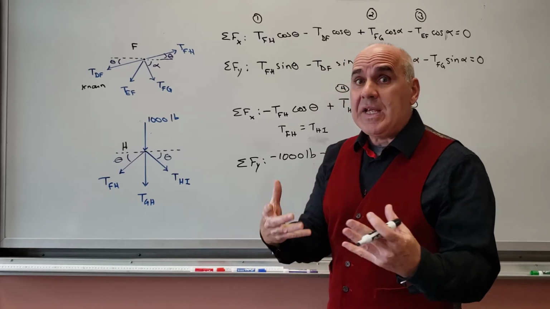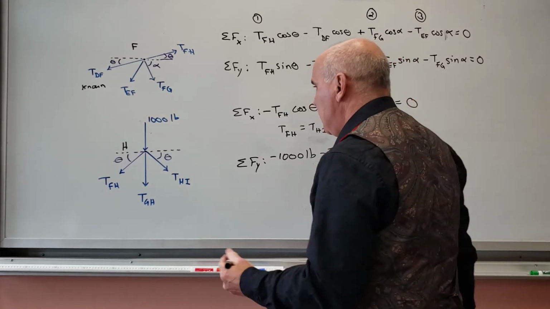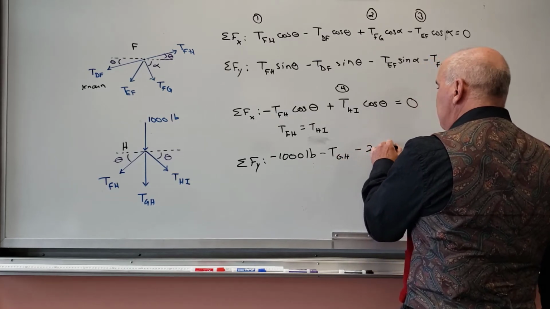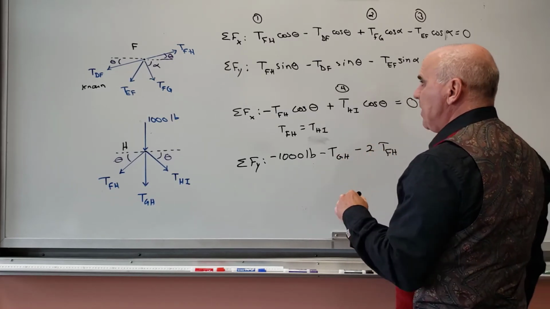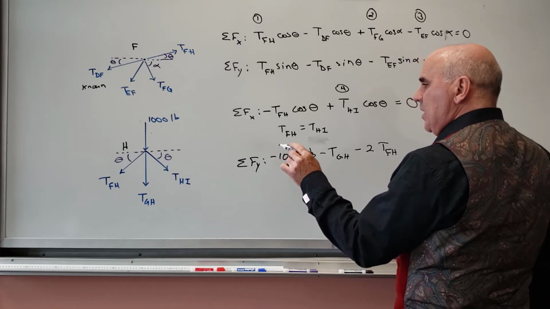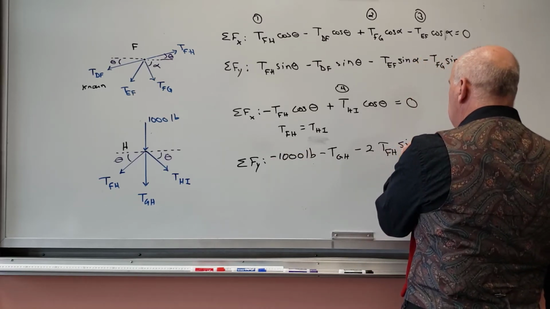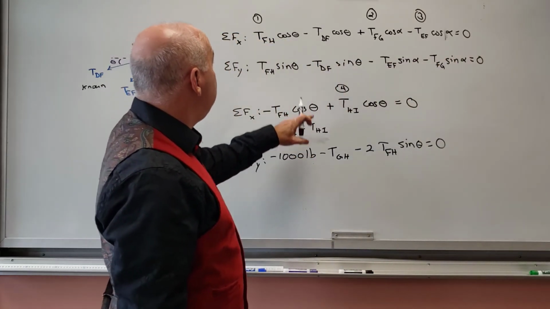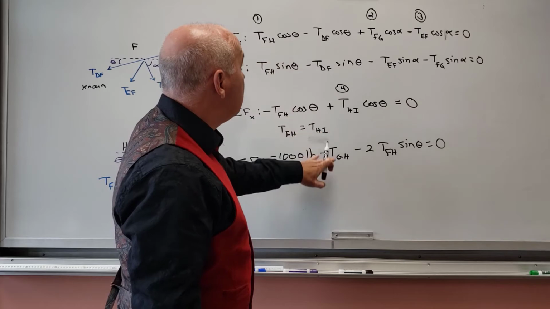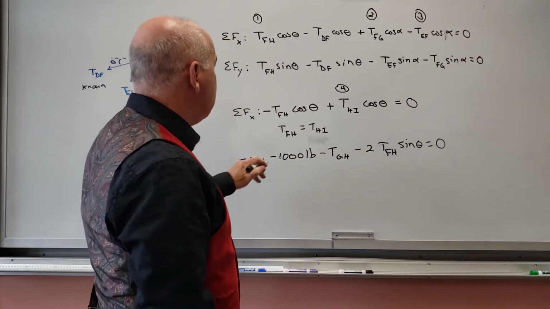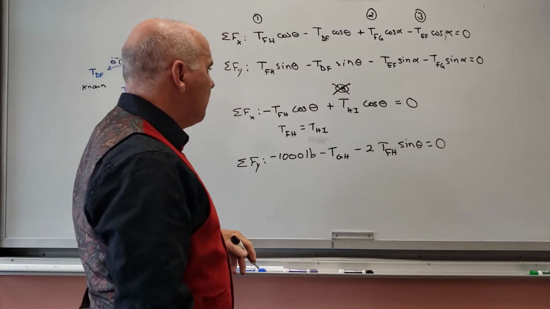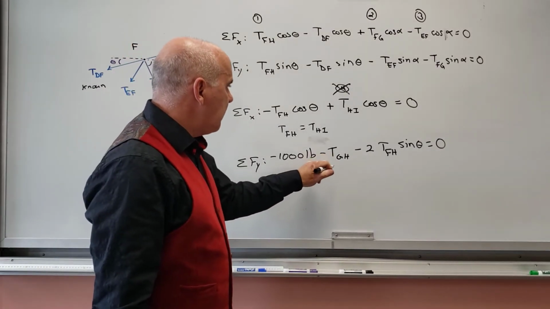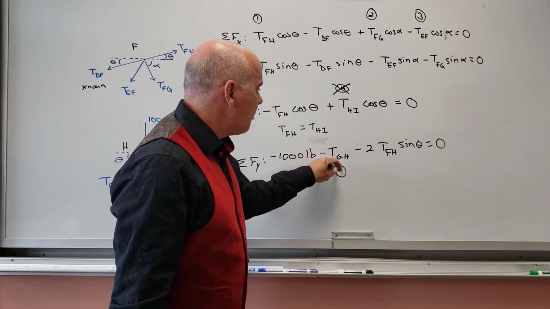So to make my life simple, I'm going to say minus 2 TFH sine theta is equal to 0. TGH, I don't know, and so this is a 4th unknown.